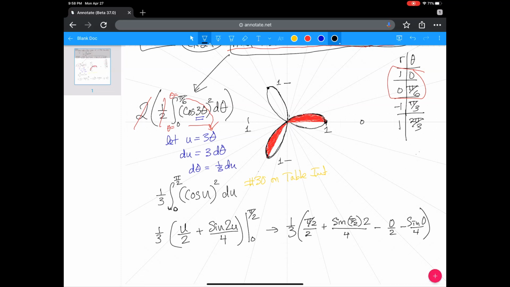And pi over 2 times 2 is pi, and sine of pi is also 0. So actually, this term is a 0. These terms are clearly 0.